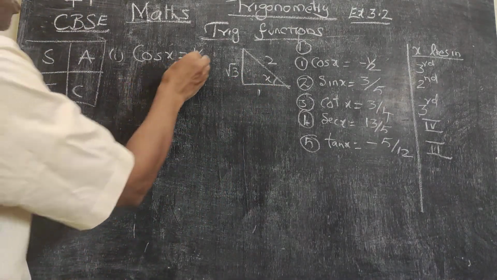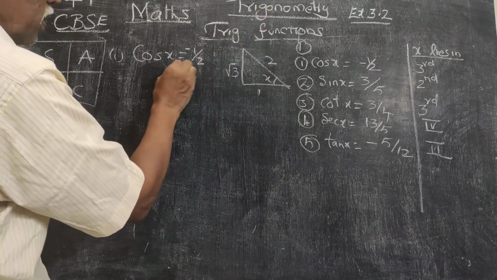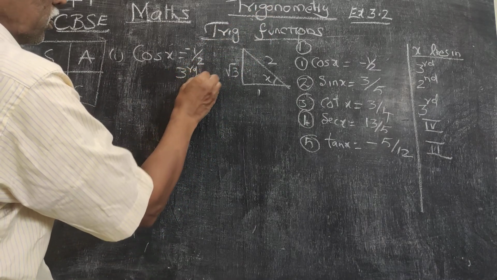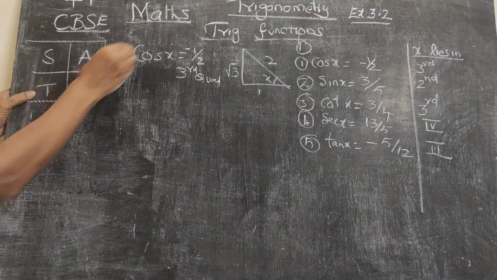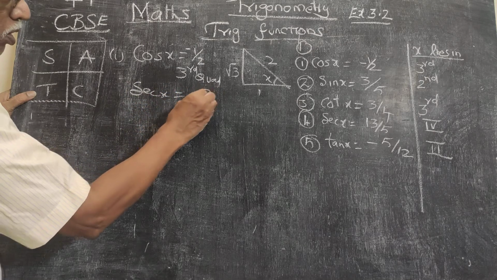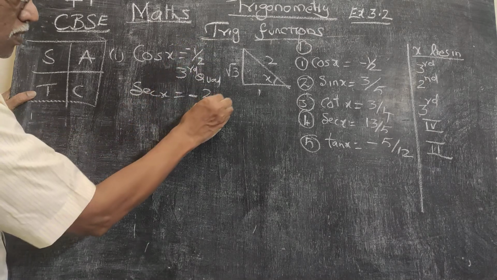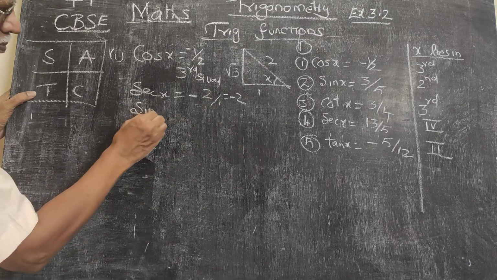Now cos x is minus 1/2 they have given, and it lies in the third quadrant. In the third quadrant only tangent is positive, therefore its reciprocal, secant x, also will be negative. So minus 2/1, simply minus 2. Then what about sin x?